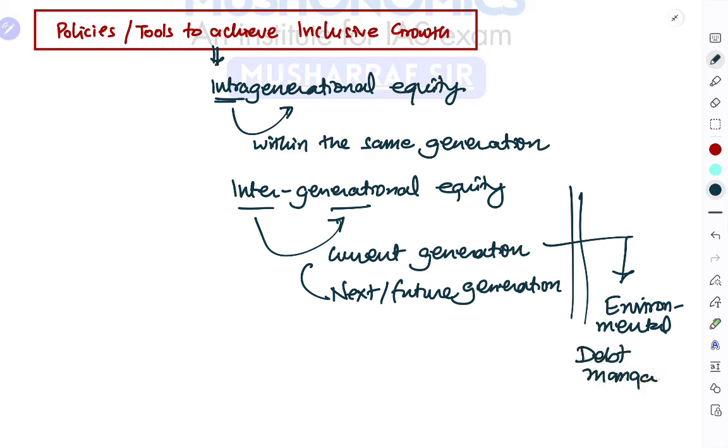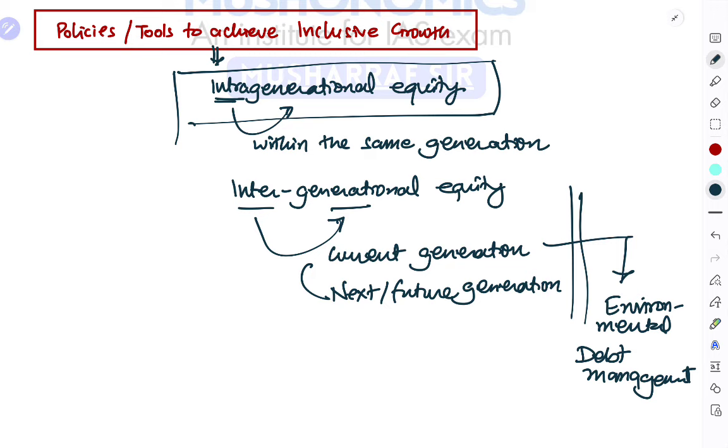But when we say intragenerational equity, that means we are talking about within the same generation. So what do we mean by intragenerational equity then?